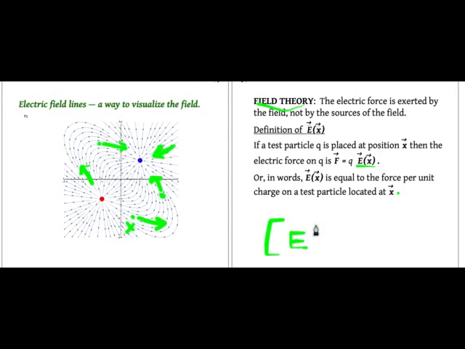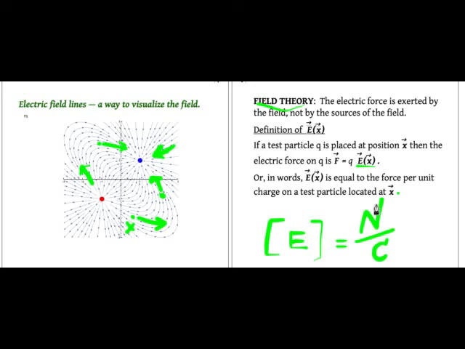What's the unit of electric field? Well, electric field is force per unit charge. So it's force, that's newtons, divided by charge, that's coulombs. So one way to define the unit of the electric field is newtons per coulomb. It doesn't have any special name, it's just newtons per coulomb.